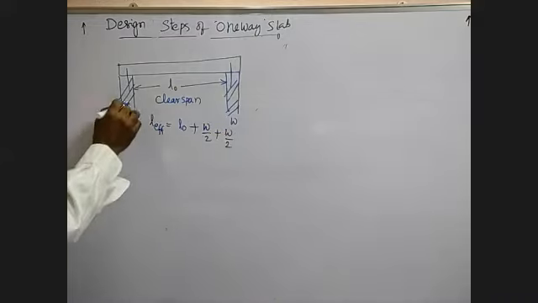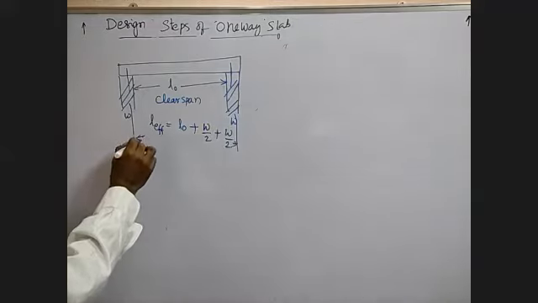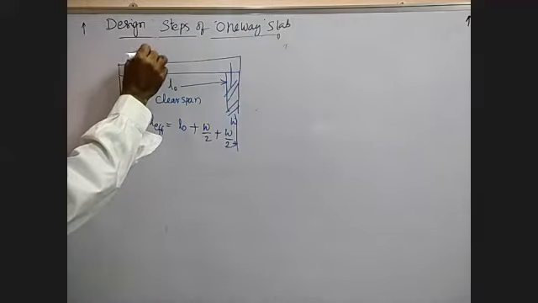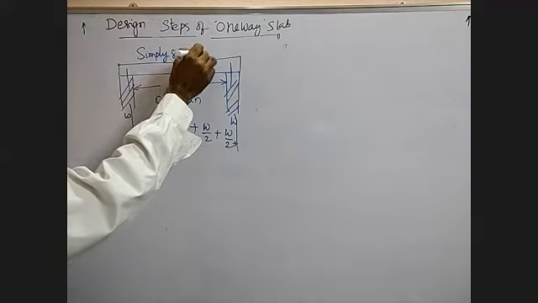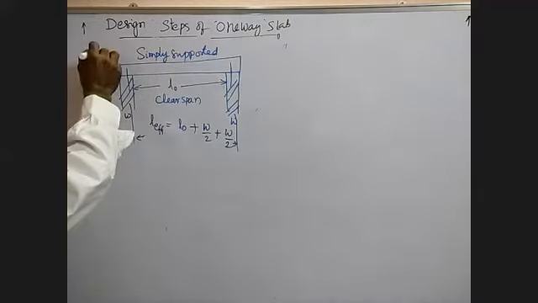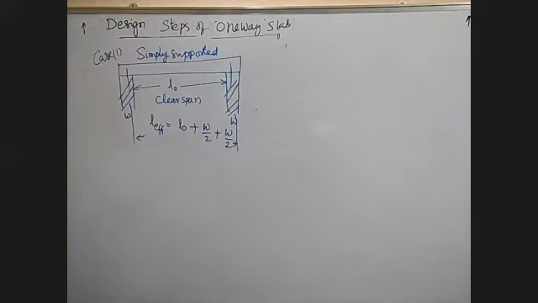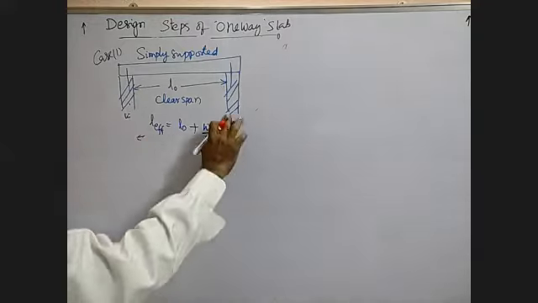Center to center of supports is the effective span. This is for simply supported. This is case 1.